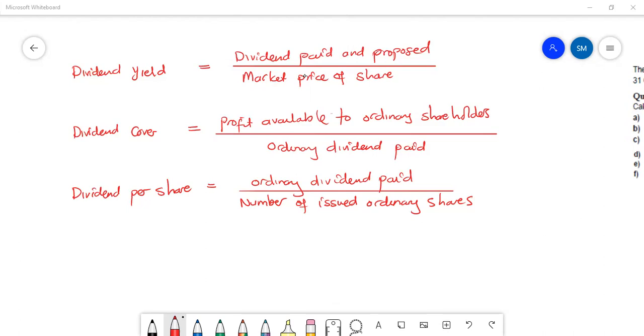Okay, so we can try and look at the price earnings ratio. I'll try and explain these ratios so that they make a bit more sense.